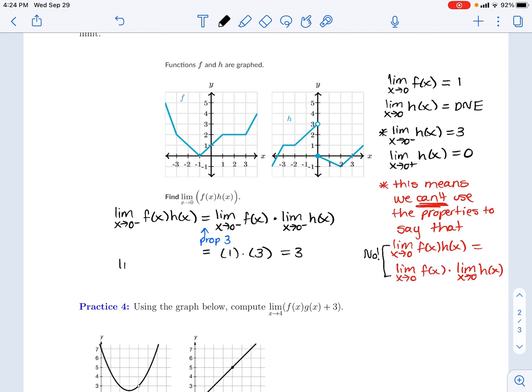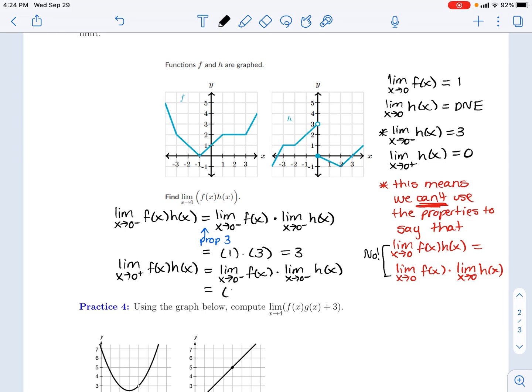Okay, and then now I have the right-handed limit to consider. So same idea, I'm going to use property 3 again and say that this is the limit as x approaches 0 from the right of f of x times the limit as x approaches 0 from the right of h of x.